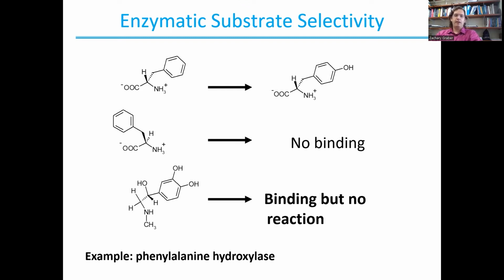And this is often exploited by our drug development. For example, this structure here is actually a drug molecule that's used to inhibit the phenylalanine hydroxylase. It will bind, but it won't react in the same way. We can't add our hydroxy group because it already has it on our ring here. So we are highly selective, but we can still manipulate the selectivity in order to help regulate our reactions even more.